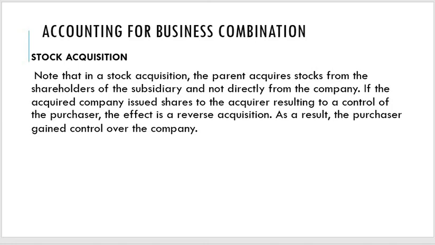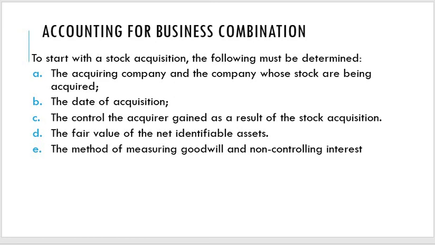So in a stock acquisition, again, the parent will purchase shares from the issued and outstanding shares in the hands of the shareholders, not directly from the company. So to start with the stock acquisition, the following must be determined.